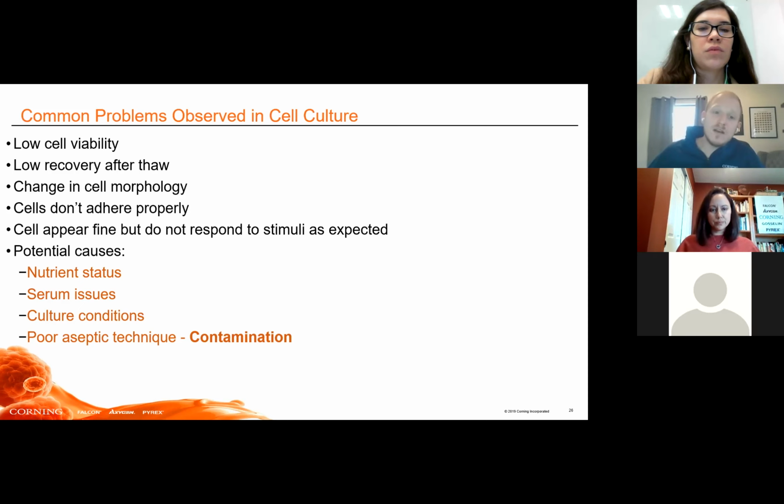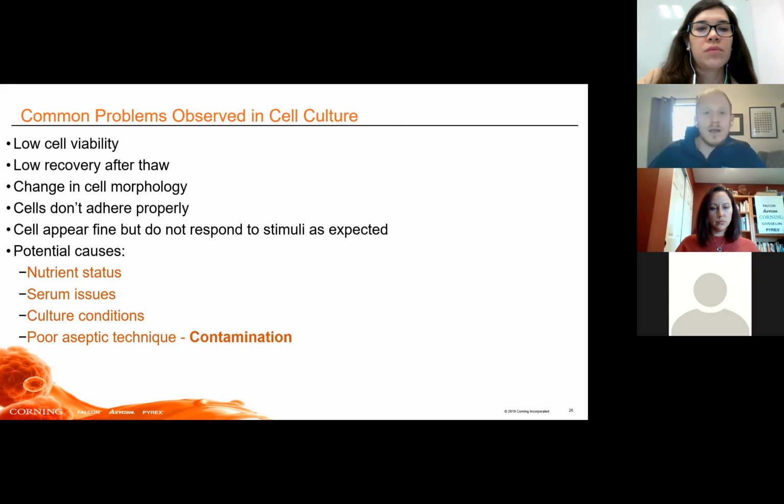Some potential causes of this could be the availability of nutrients, or some issues with your serum or other raw materials that are either animal derived or have some variability in them due to their source. The culture conditions themselves: has something changed in the incubator? Is the incubator not working right?